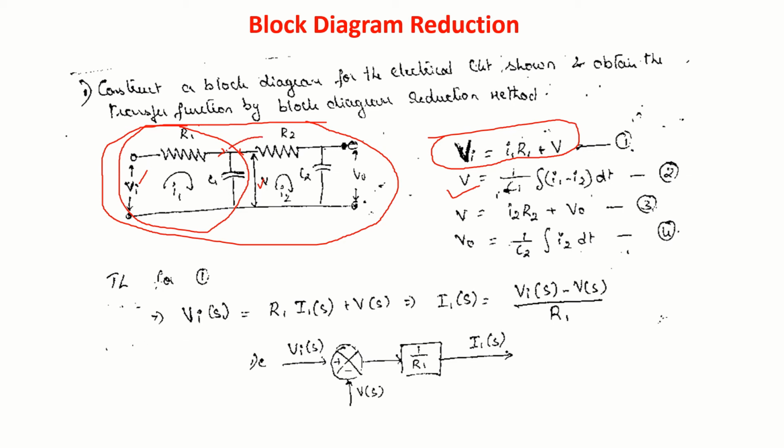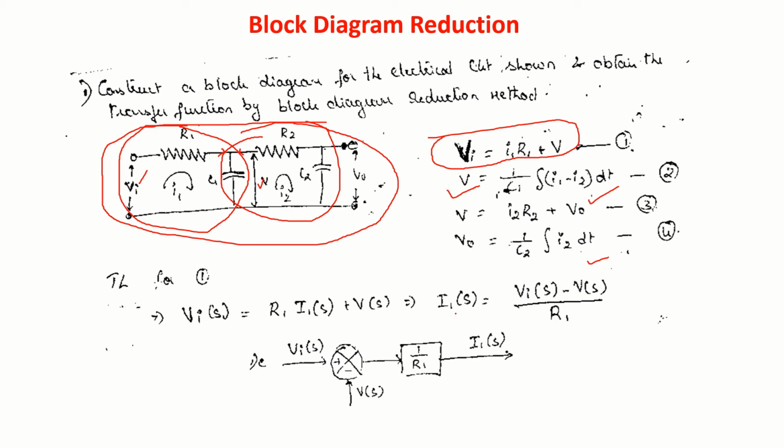Again, this part of the circuit, if you consider, V is equal to I2 R2 plus V0 we get. V0 is nothing but 1 by C2 integral I2 dt. So we have got these 4 equations. Take the equation number 1. If you take Laplace, Vi of s equal to R1 I1 of s plus V of s.